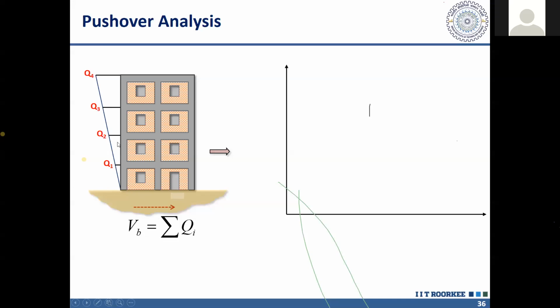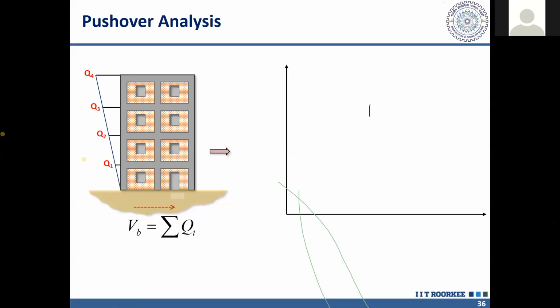How should I distribute? I should distribute it in such a way that this distribution is as close to the actual distribution during earthquake as possible. So we have to estimate somehow the distribution of the lateral load along height during earthquake. That I will get only after analysis.